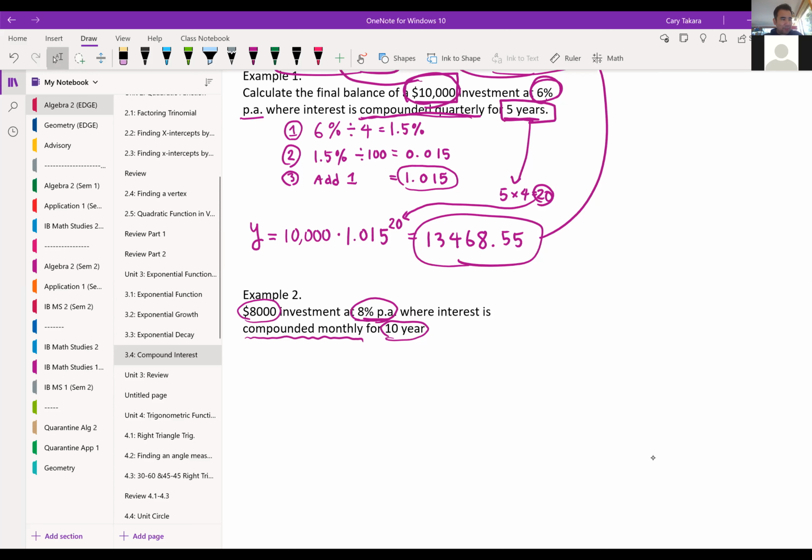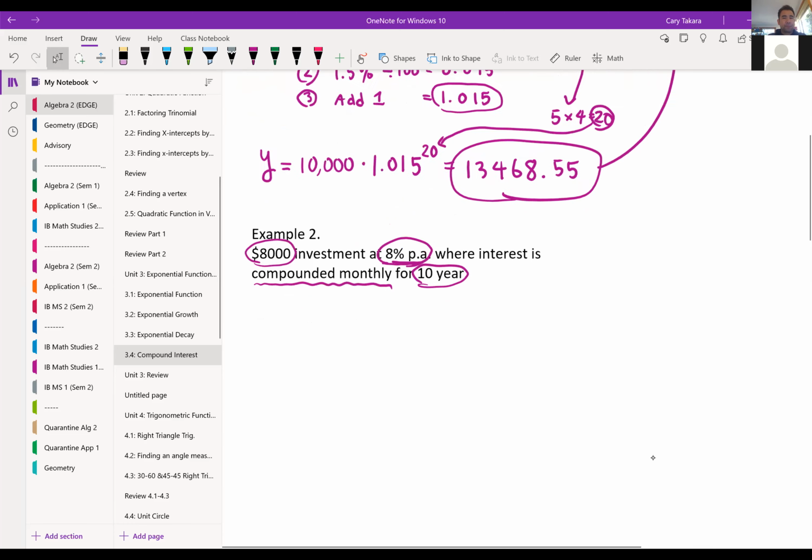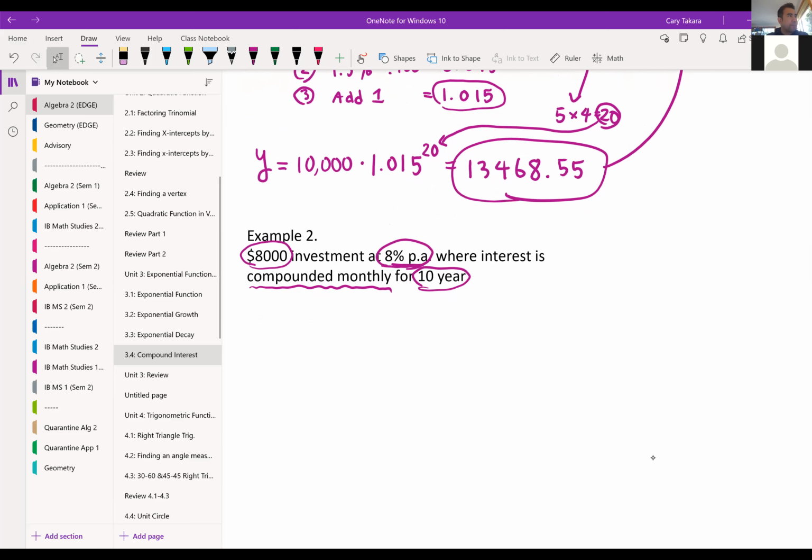I don't want to change the number there. Does anybody have the answer for example 2? So I'm going to get started.